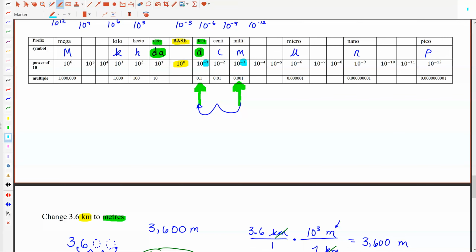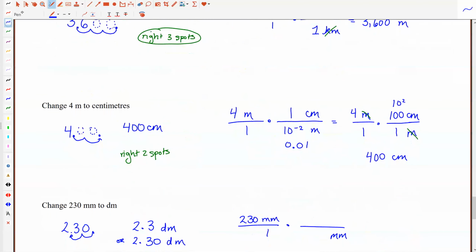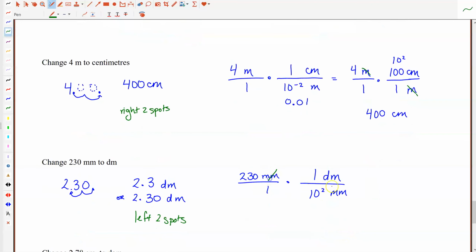Okay, and I don't like the negative exponents, again, they get a little bit goofy. So as opposed to analyzing with the negative exponent, I just think about when I look at the smaller of the units. Okay, so then there's going to be 10 squared or 100 millimeters in 1 decimeter. So I'm going to use that as my conversion factor. There's 10 squared millimeters in 1 decimeter. So again, my millimeters units are on the diagonal and they cancel.